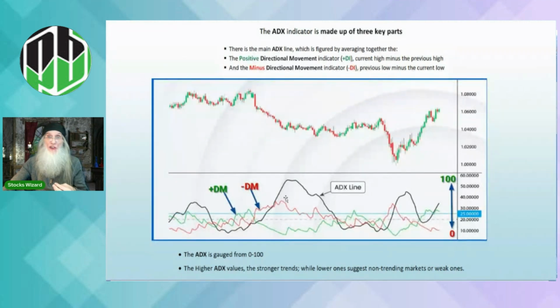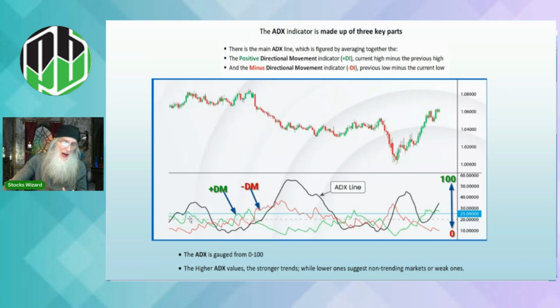This is cold, this is hot. It's just like that. When it gets up over that 25, it is getting hot, folks, right then and there. Now, this can go all the way up to 100, but by the time this line hits 50, it is a raging fire. 50 is super duper hot, folks.